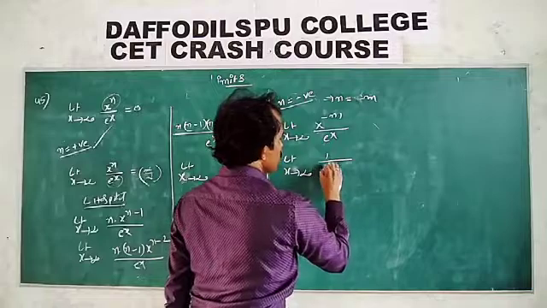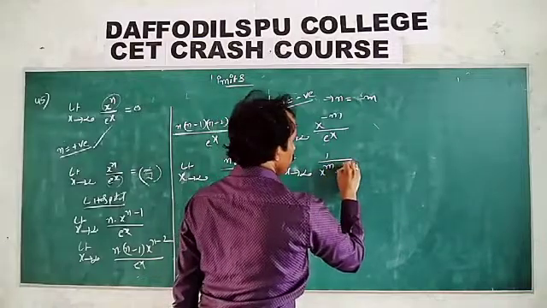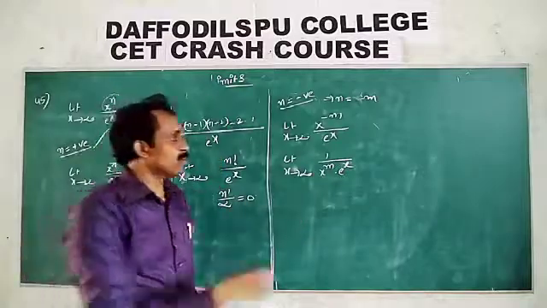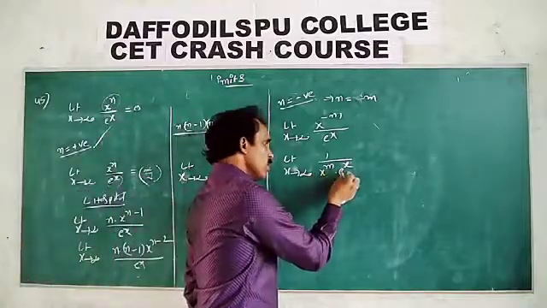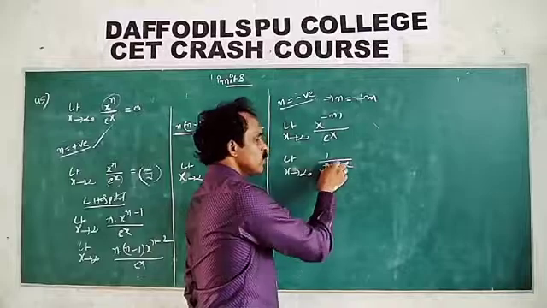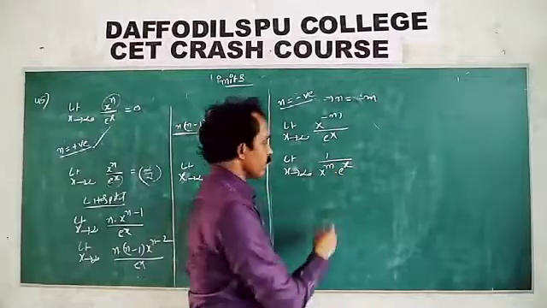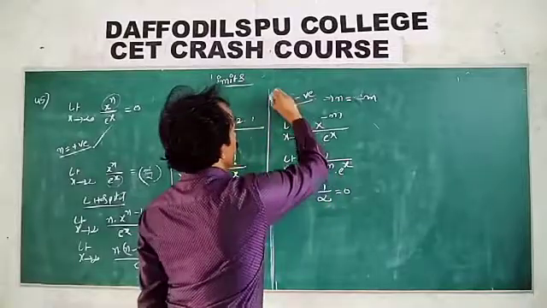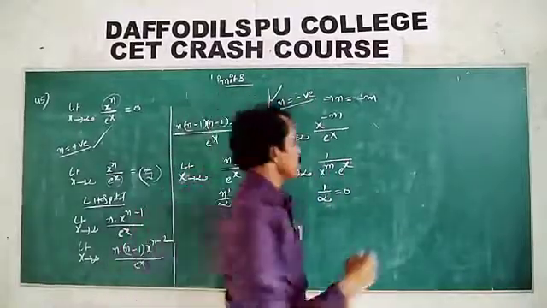This can be written as 1/(x^m e^x), x tends to infinity. Okay, x tends to infinity means infinite value. Infinite value to the power m is an infinite value. This also is an infinite value. 1 by infinity is equal to 0. So this value is equal to 0. So negative values are also satisfied.